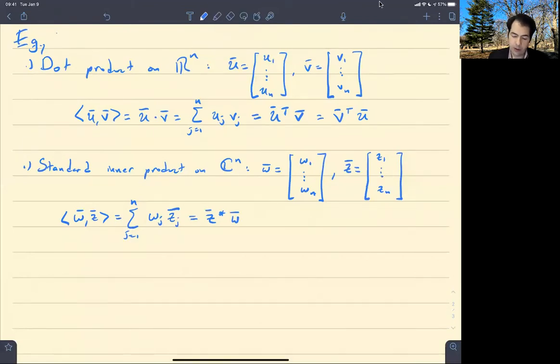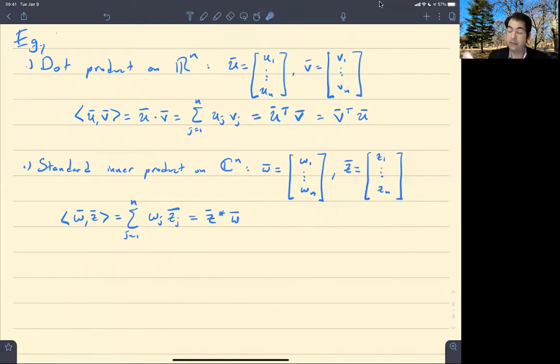Okay, so I hope it will not be confusing that we are using in the lecture videos bar to denote vectors and also bar to denote complex conjugates. So hopefully it'll be clear that this just means the vector z, whereas here I mean the complex conjugate of the entry zj.